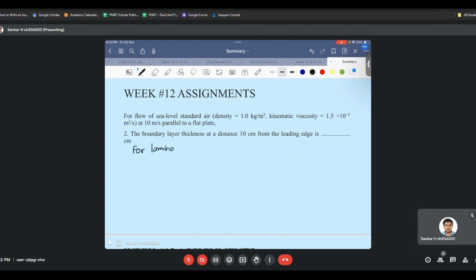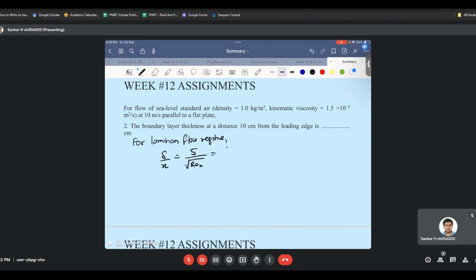For the laminar flow regime, what we have is an equation given as delta by x equal to 5 by square root of Rex, where delta is the boundary layer thickness.